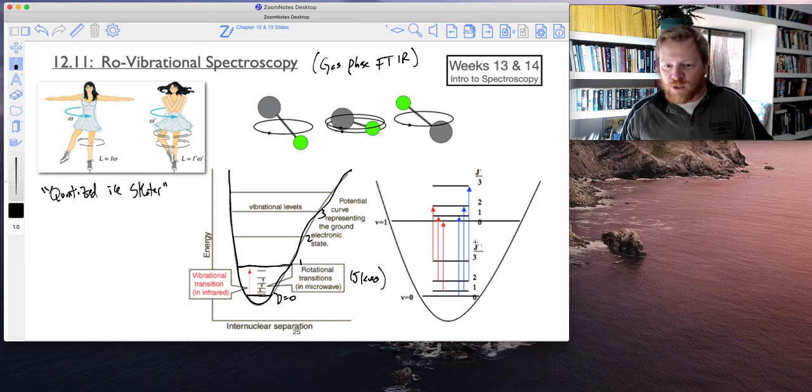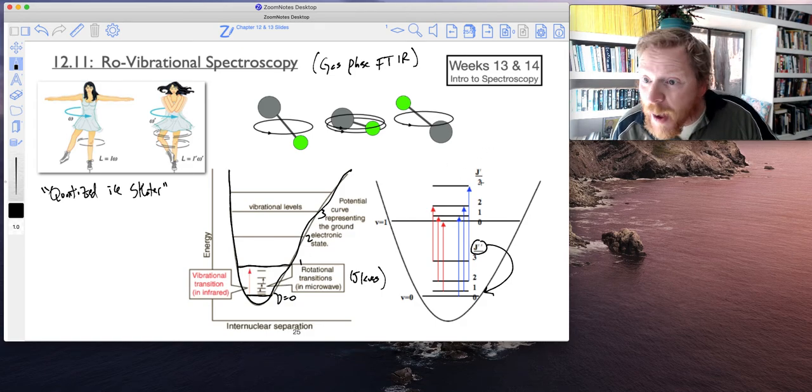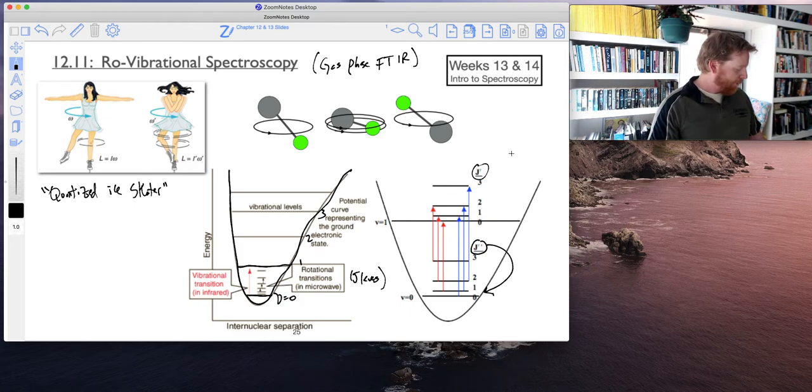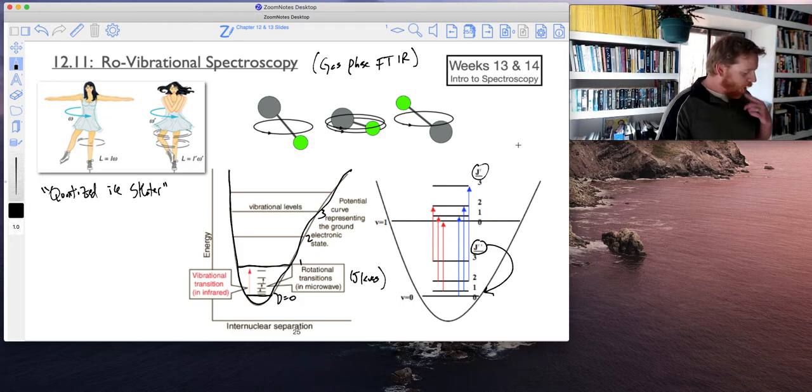Also, we call that J double prime. So the J double prime right here, those are the J levels for the ground state. Then in the vibrational excited state, there are also a population of J states, and that's given as J single prime.